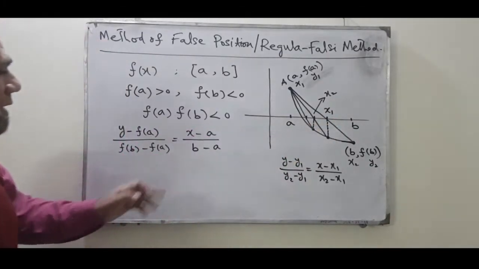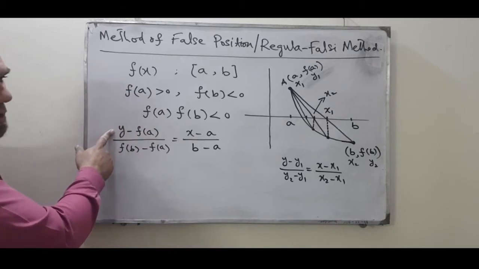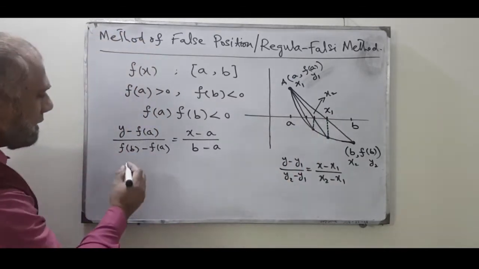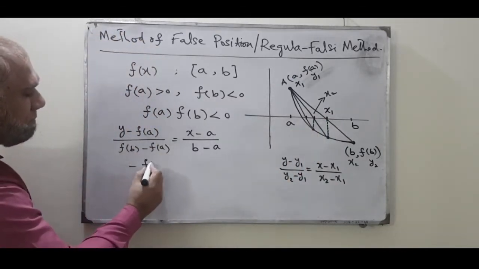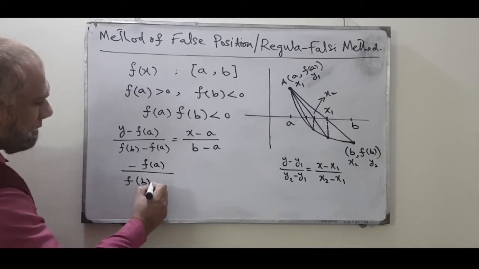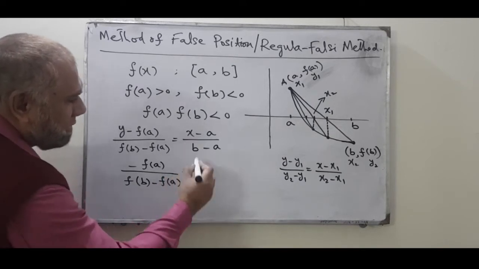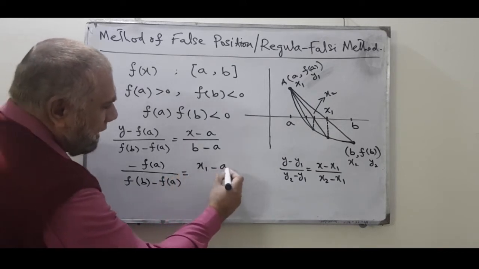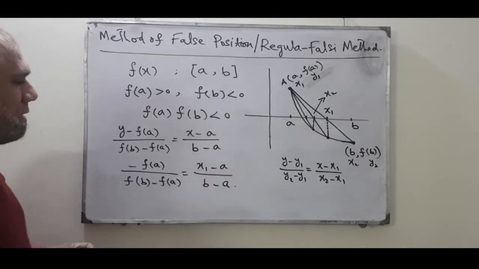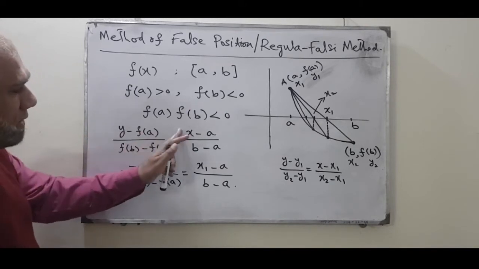So the equation now takes the form minus f of a over f of b minus f of a, equals x replaced by x1 minus a over b minus a. Here we have put y equals 0 and x equals x1.